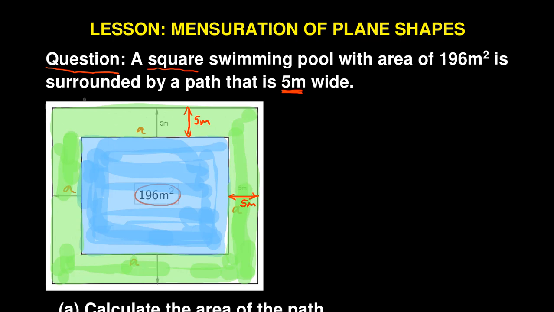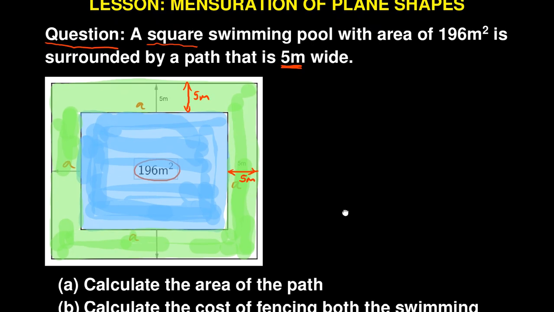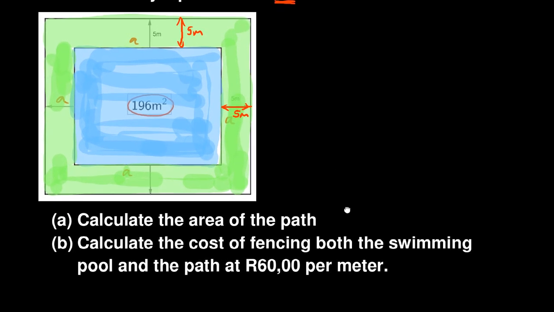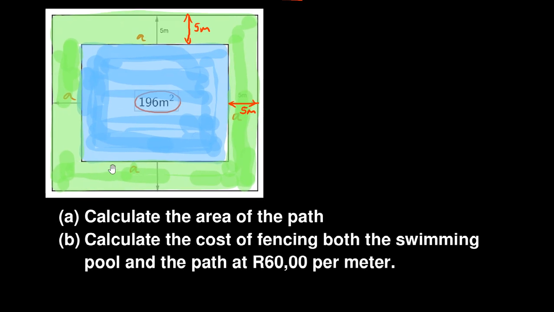Now with that information, we can look at the question that they want to bring across. It says calculate the area of the path. So now they want us to find the shaded area, this particular path. So how do you calculate the area of the path? For you to be able to calculate the area of the path, let's have two diagrams.